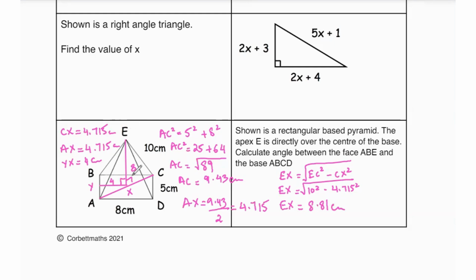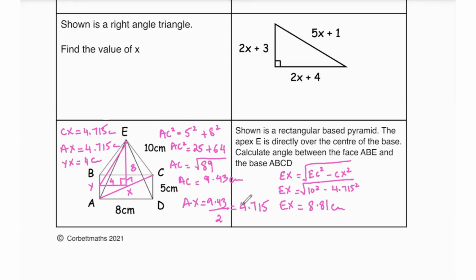So now since we have the length of EX and we have the length of YX, we can find the angle that the triangle ABE is making with the base. How? Because if we connect E and Y, it is a line that lies on the face ABE, and the angle that EY will make with the base is the same as the angle that the face ABE will make with the base.